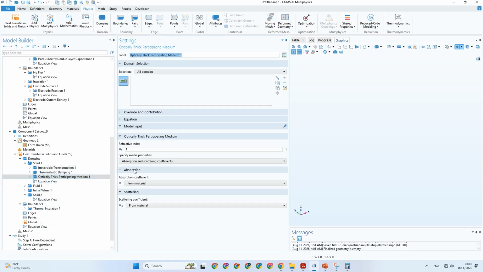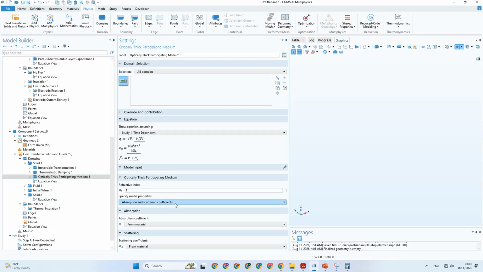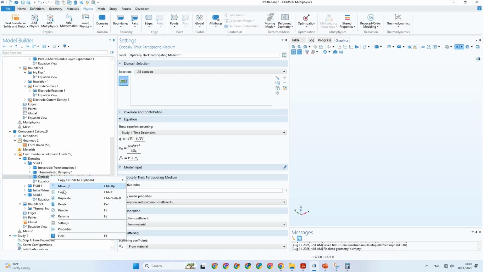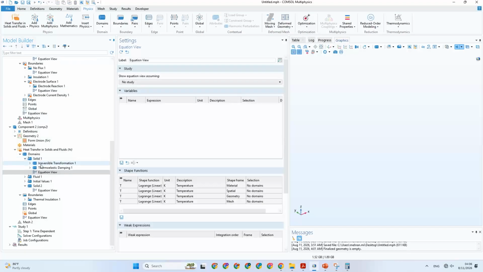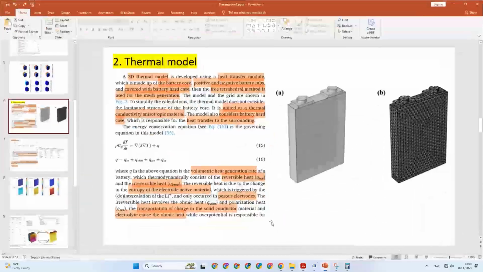Optically thick, from absorption and scattering also, this is not our concern here. But we can write this code for any equation.